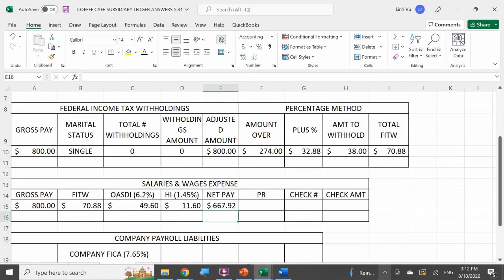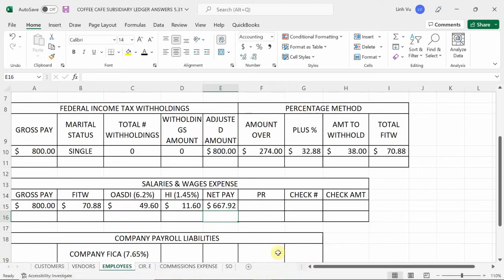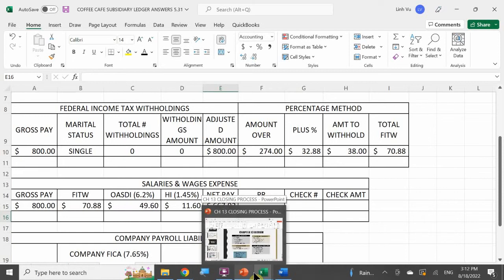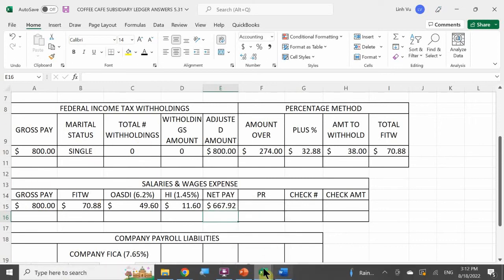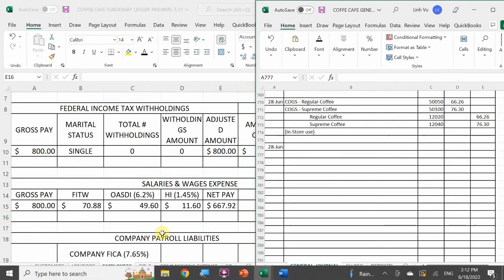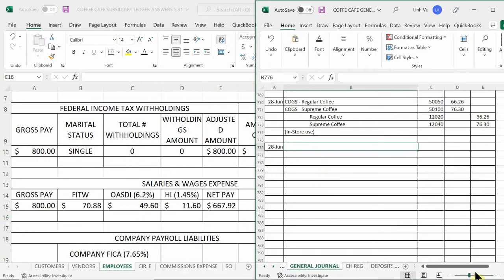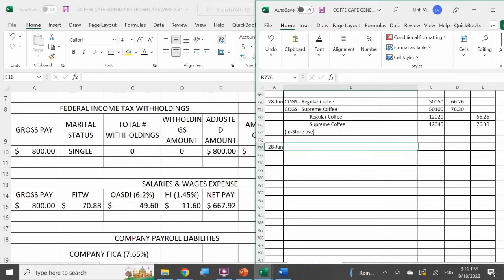Okay, so let's go ahead and journalize this now. We have FITW at 70.88, Social Security at 49.60, and Medicare at 11.60. So how do we journalize payroll?